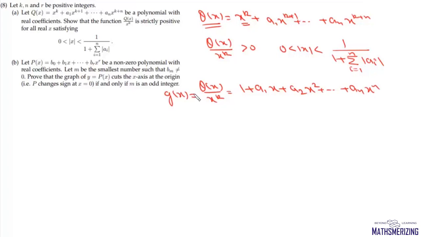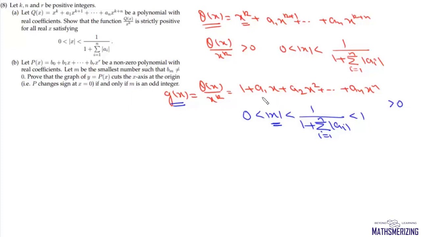So we need to prove that when x lies between 0 and 1 upon 1 plus summation i varies from 1 to n mod ai, and this value in the denominator is greater than 1, so this expression 1 upon 1 plus this summation will be less than 1. So that means when the modulus value of x lies between 0 and 1, this function g(x) should be greater than 0. Now how do we prove that?